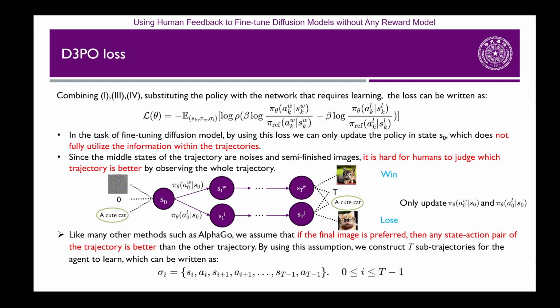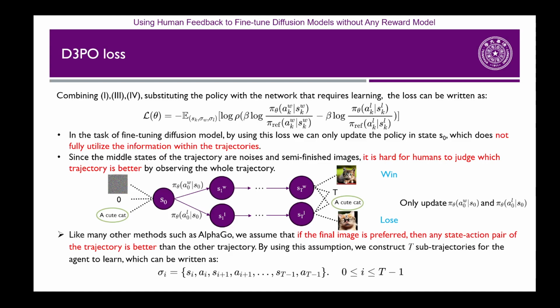However, this formula only updates the probability values at time S0 and cannot update the probability values at other steps, resulting in low sample utilization. Additionally, as we cannot determine which step of the noise is better, we can only determine whether the final image wins or fails, which is akin to the comparison between final victory and failure in chess games.